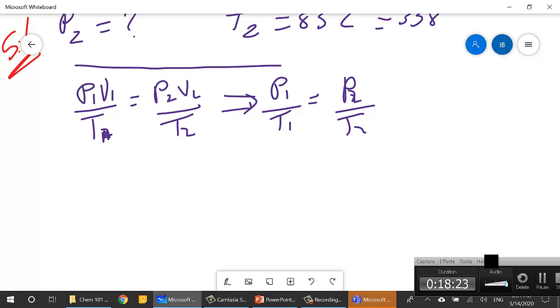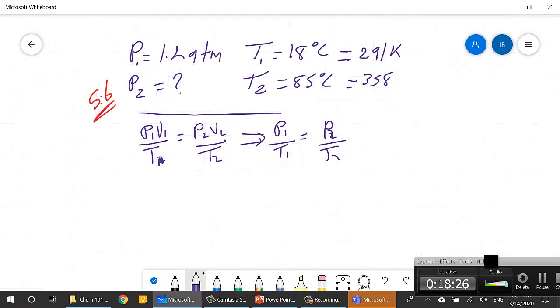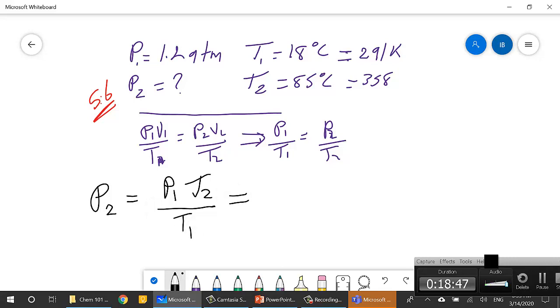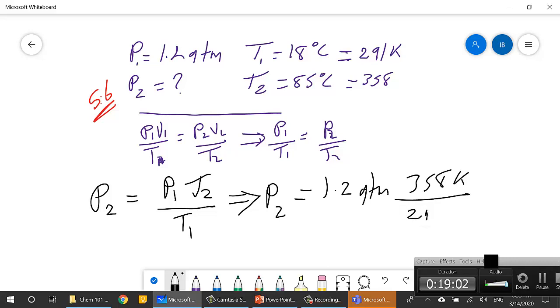So here I am being asked for P2, so you want to rearrange this. So P2 in this case, you have to be very careful when you do these equations. It is equal to P1 times T2 divided by T1, which is equal to P1, 1.2 atmosphere, times the ratio of T2 over T1, so 358 Kelvin over 291 Kelvin.